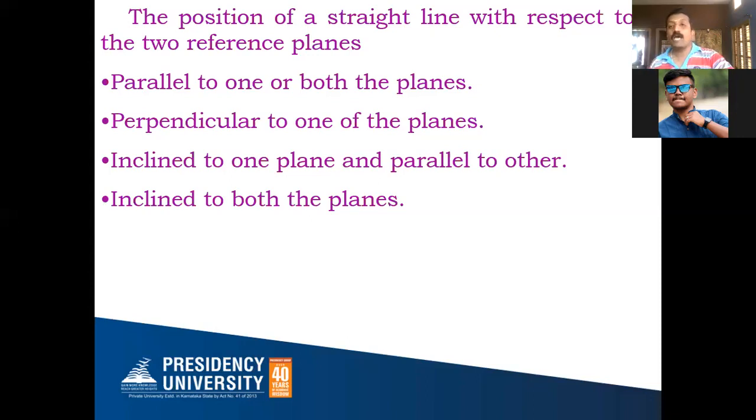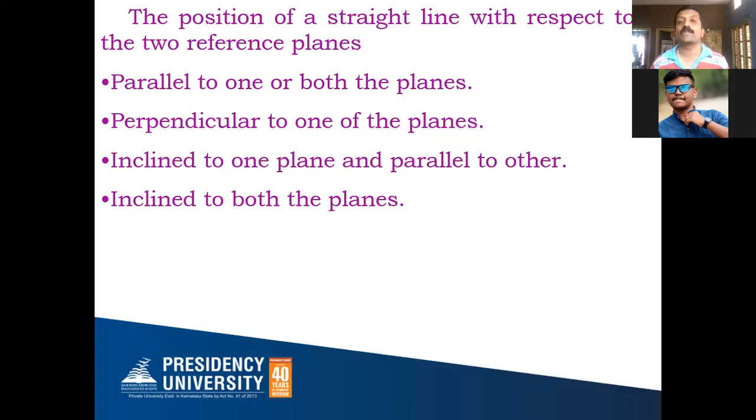Similar to this, we have true inclinations as well as apparent inclinations. How can we define the true inclination? The inclination of the line with respect to your true length of the line is called the true inclination. Once again I'll repeat, the inclination of the line with respect to your true length is called the true inclination.